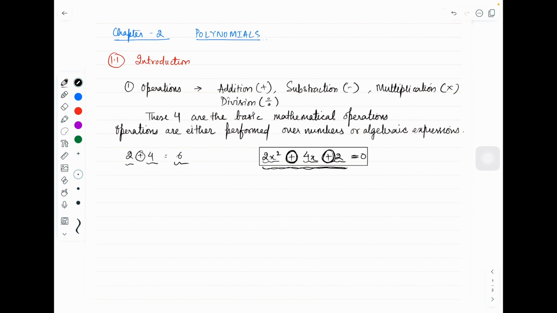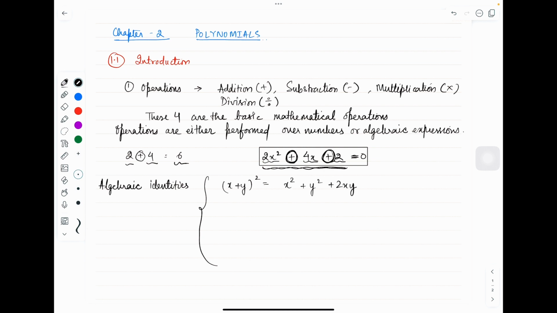You have seen some of the algebraic identities. You have already learnt about them in class 7. What are some examples? (x plus y) whole square equals x square plus y square plus 2xy. (x minus y) whole square equals x square plus y square minus 2xy.